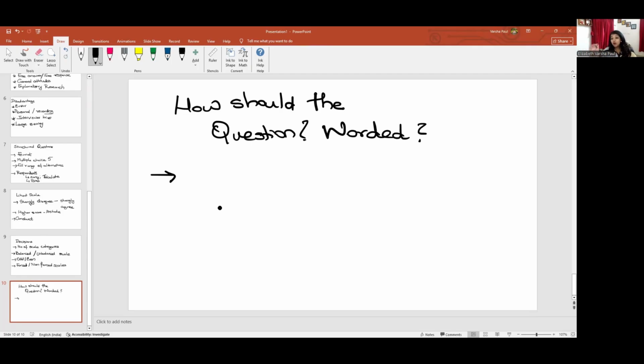So you may get non-response or response error. If you're not able to capture the respondents' answers, it can lead to response error, and then it's very difficult to proceed with your study.